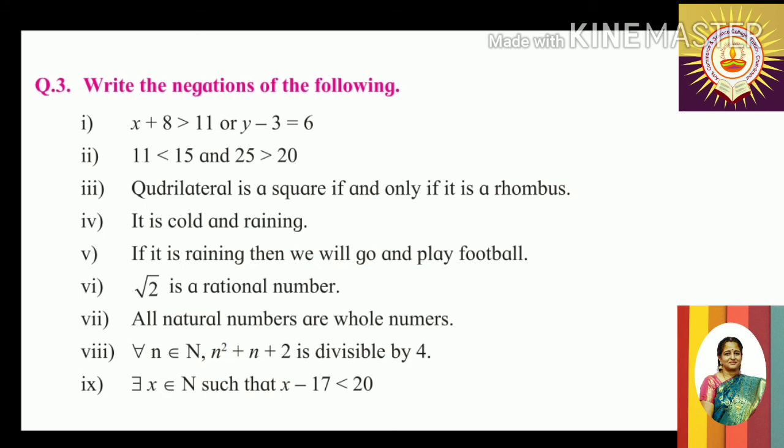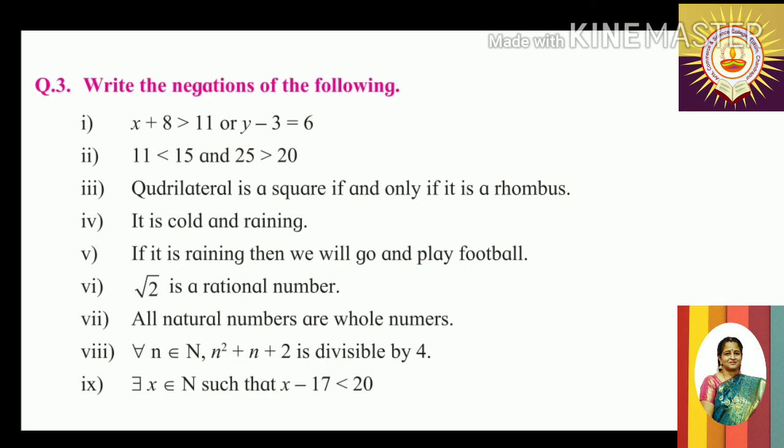The symbolic form is P or Q. Then the negation of P or Q is negation P and negation Q. Therefore, the negation of the given statement is x plus 8 less than or equal to 11 and y minus 3 is not equal to 6. You have to find the second and third examples as we discussed earlier.